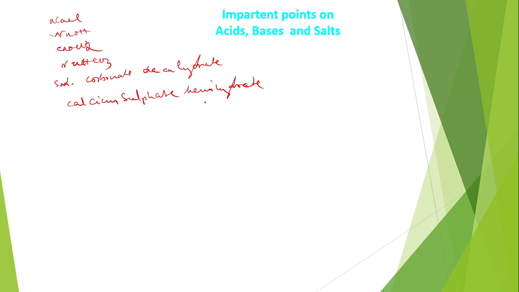So formulas we will see. See, sodium chloride is nothing but common salt, the common salt we are using in our kitchen. The chemical formula for this is NaCl. Also it is known as common salt.